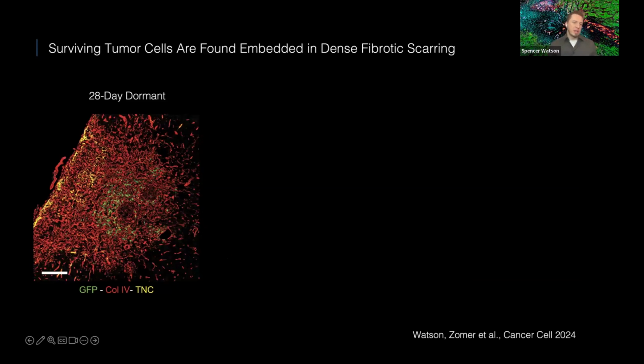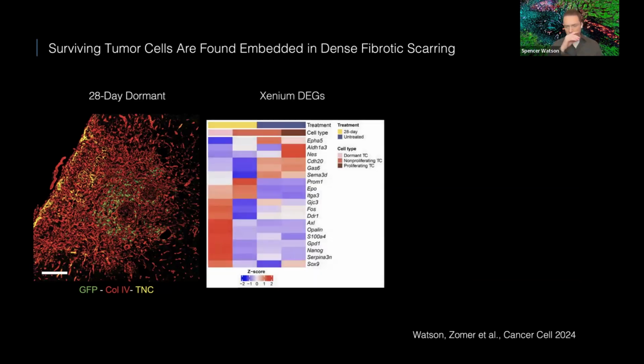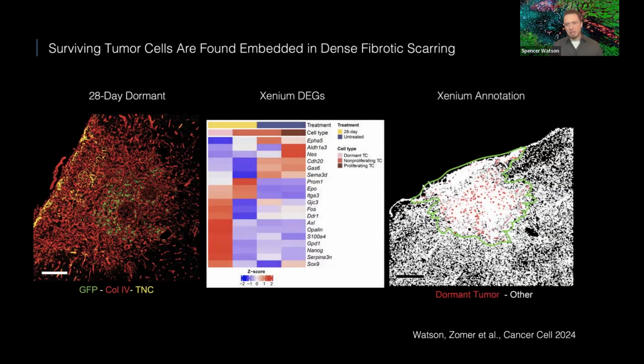So first, we wanted to look at where the surviving tumor cells were after treatment. Looking at the 20-day dormant time point, the only place we were able to find surviving tumor cells was specifically in the fibrotic part of the glial scar, in particular in regions that were high in tenascin-C. And using the Xenium data, we were able to determine that these cells within this spatial niche were very highly expressing a range of different dormancy and stem-like genes.